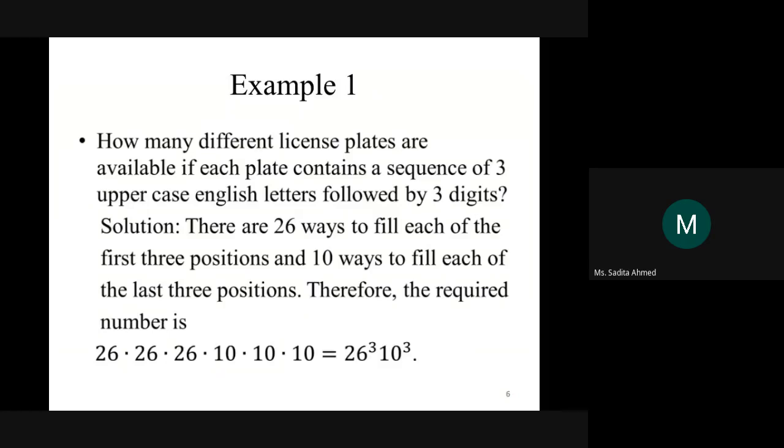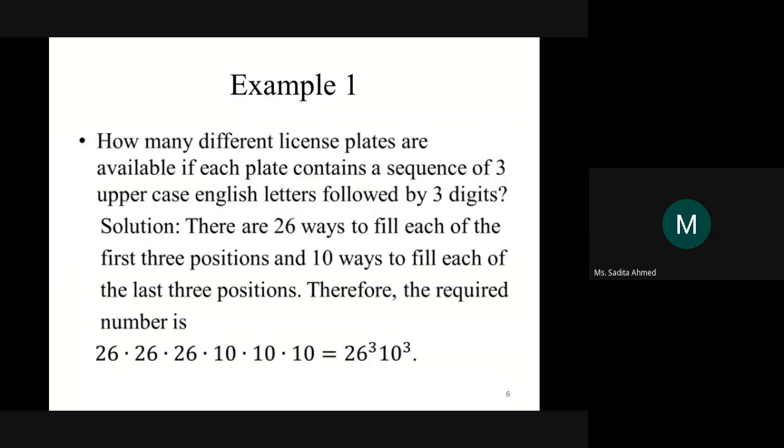So if the first position is taken up by A, then for the second position, how many options do you have? You have 26. For just one choice that you made for the first task, there are 26 ways.